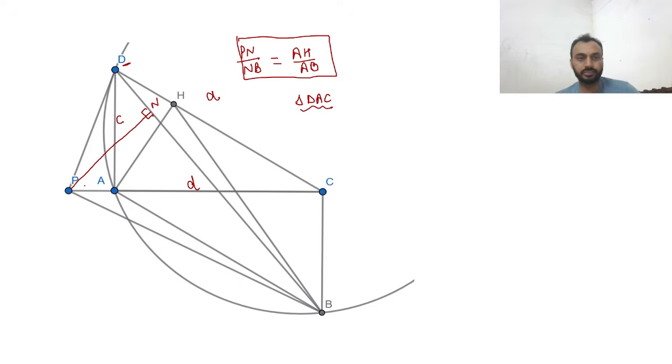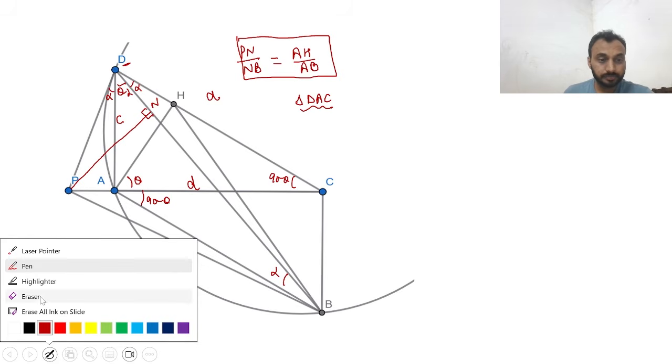Also, if I write the angles again, it is alpha, alpha, theta minus alpha, 90 minus theta, this is theta, and this is 90 minus theta, this is alpha, right?